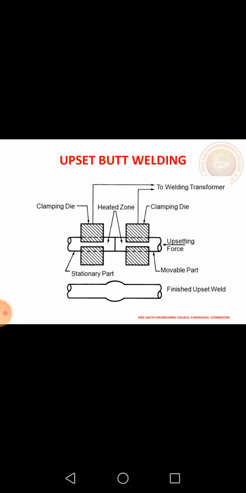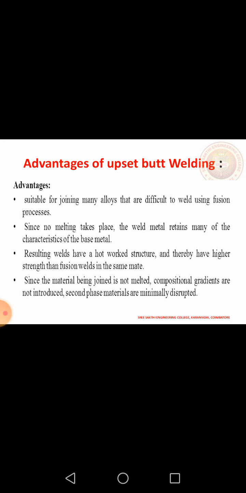In butt welding, continuous pressure is applied until the work is plastic, followed by a pressure high enough to produce an offset joint. It is generally used principally for non-ferrous materials for welding bars, rods, wires, tubing and formed parts.